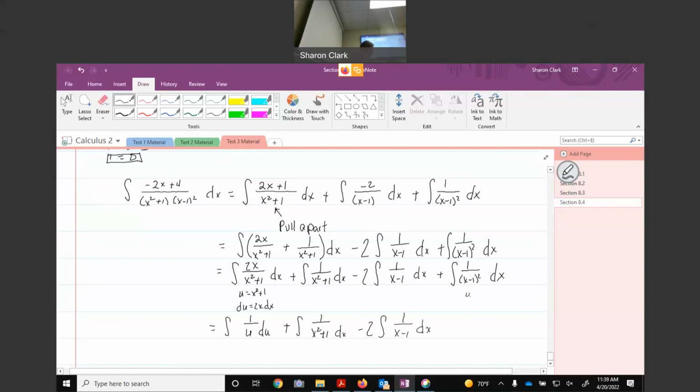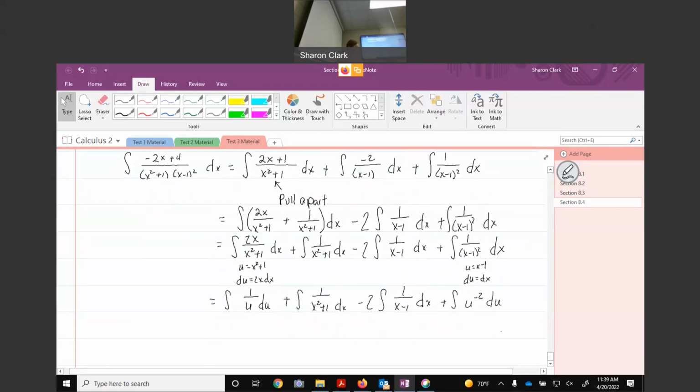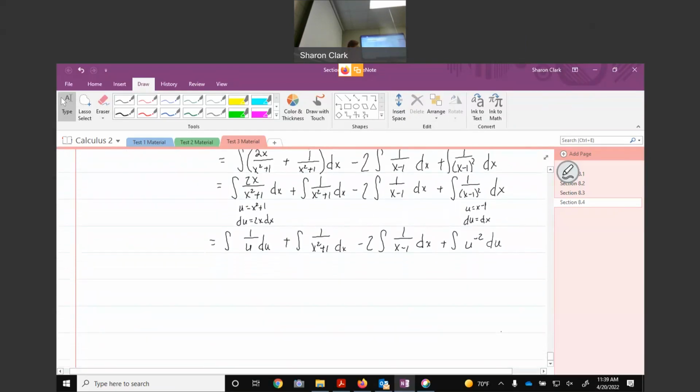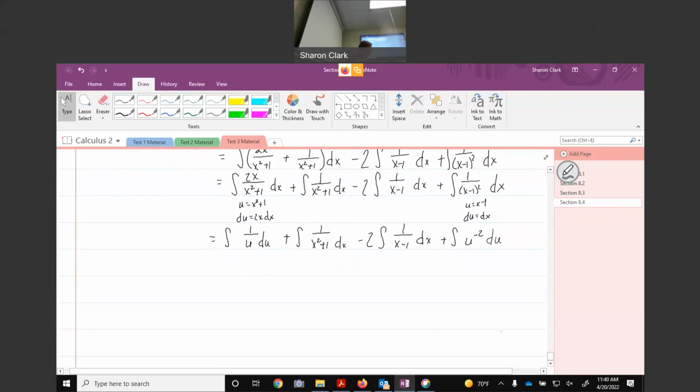We're going to let u equal x minus 1, and du equals dx. So this will be plus the integral, and that's going to be u to the negative 2 du. So this is ln of u plus tangent inverse of x.